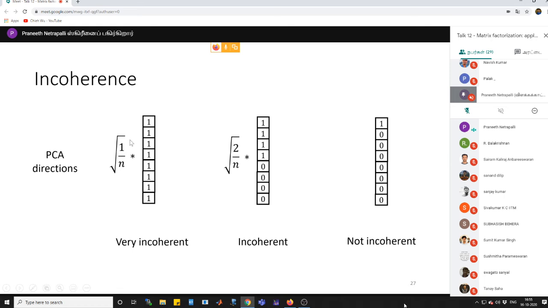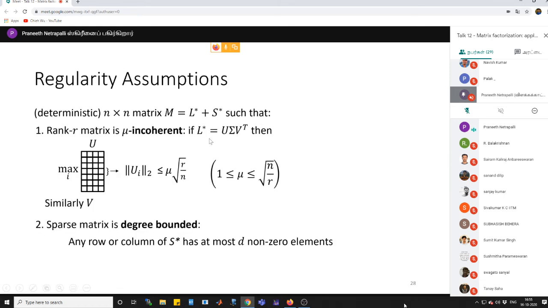So the incoherence parameter again we define as mu, so that every row norm of the left singular vectors u_i, the L2 norm, is at most mu square root of r over n. Okay, mu again is between 1 and square root of n over r, and our complexity will depend on mu. The smaller the mu, the better our results will be.